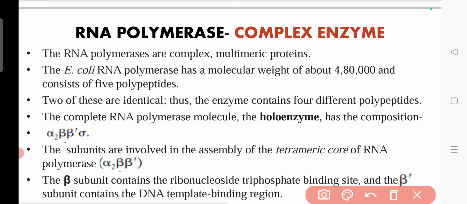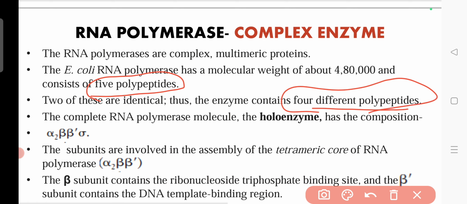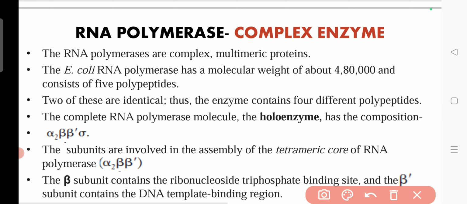By saying complex, we are saying that it is a multimeric protein, made up of five different polypeptide molecules, or we can say four different polypeptide molecules, because in E. coli RNA polymerase, we are discussing here the structure of E.